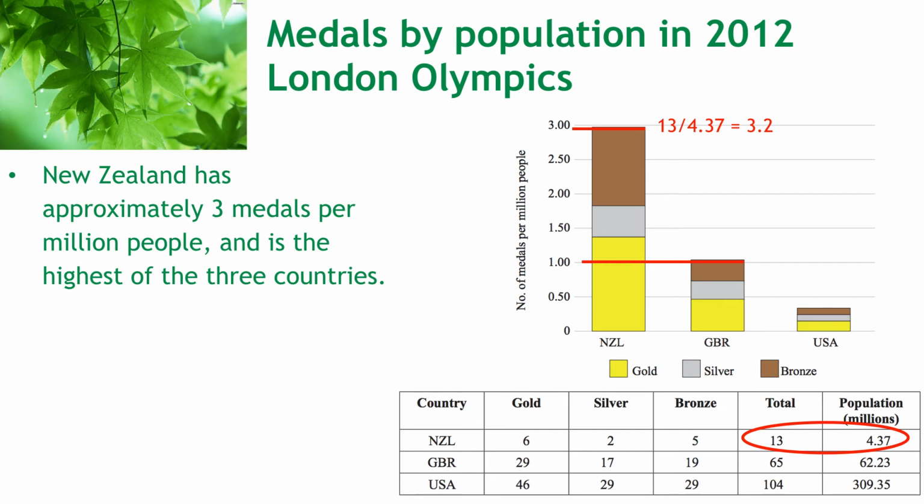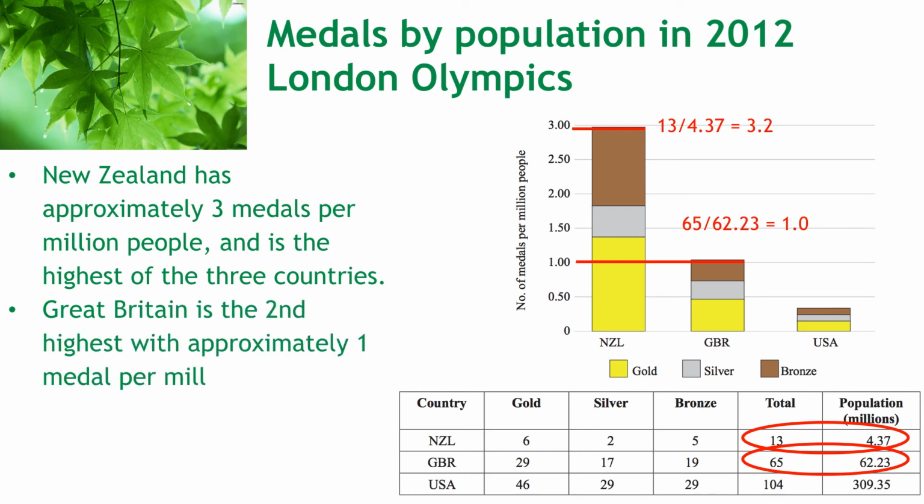Then I want to look at the second one, Great Britain, and I'm going to read that off the graph. That's approximately 1 medal per million people. Again, if I go to the data, I can calculate it exactly. So 65 over 62.23, and that gives me 1.0. And I'm going to write a sentence. It's the second highest with approximately 1 medal per million people.